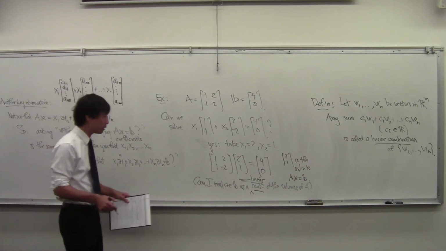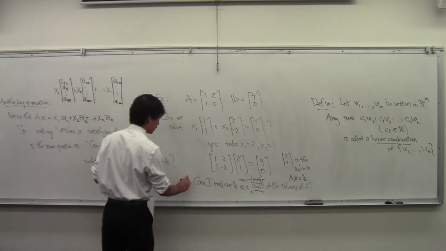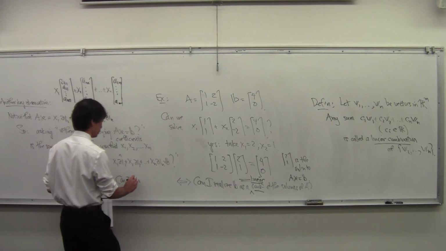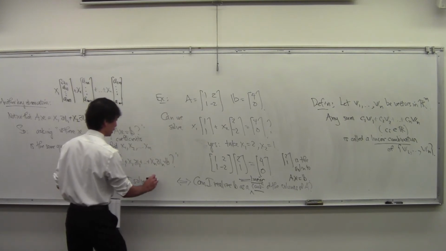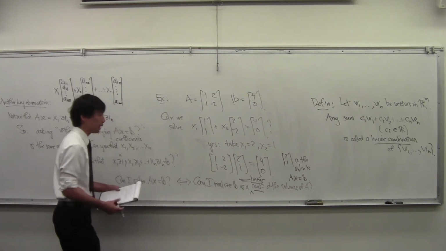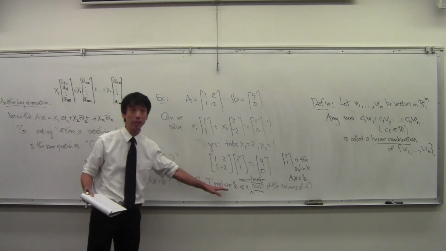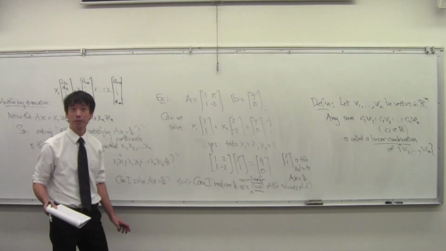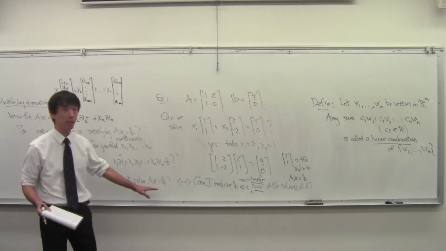Okay, and what we've just observed is that the question, can I solve Ax equals b, is the same question as, can I realize b as a linear combination of the columns of A? So that's the observation.